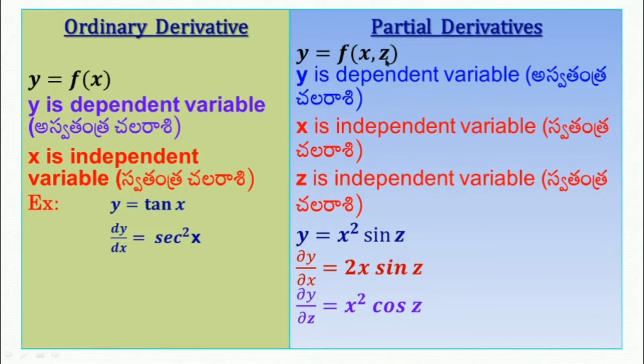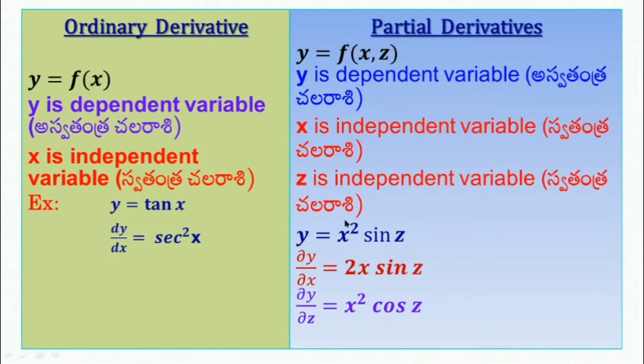Similarly, if y is a several variable function, like a 2 variable or 3 variable function. If y is equal to f of x comma z, y is a dependent variable, x and z are the independent variables. In this case we get partial derivatives: one is dou y by dou x, another is dou y by dou z. For example, if y is equal to x square sin z, the derivative with respect to x is 2x into sin z.